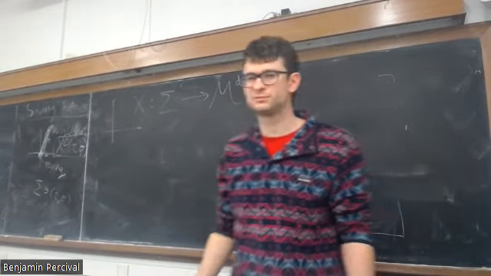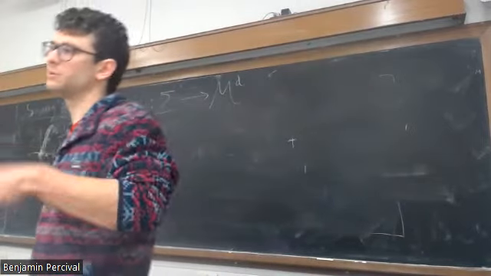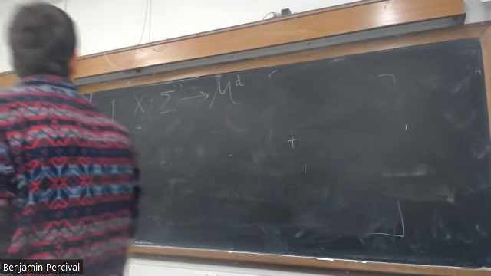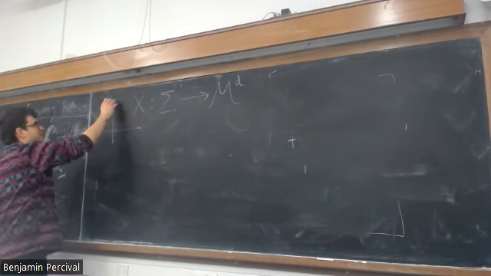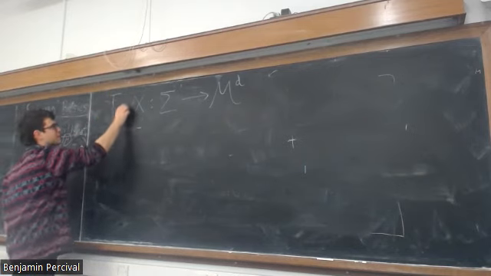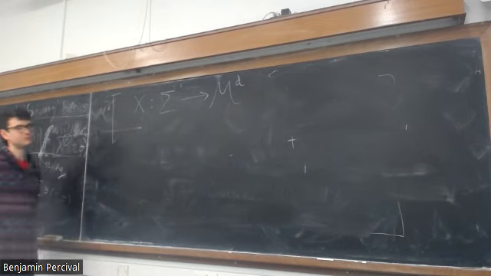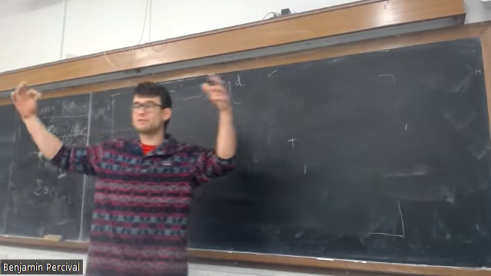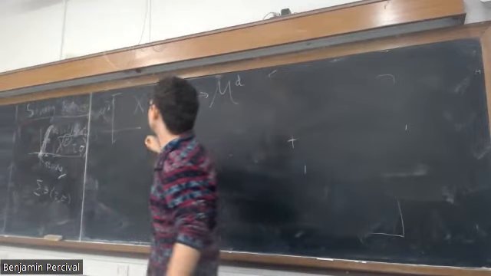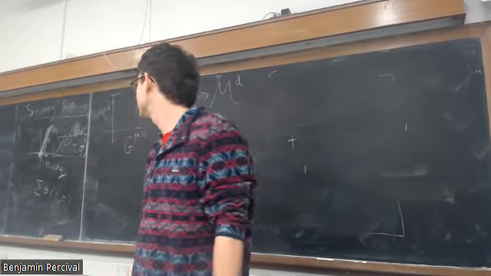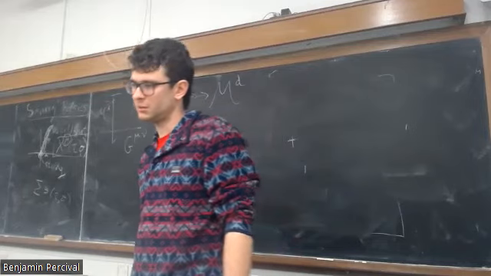So mu runs from 1 to d or 0 to d minus 1. Okay, and the key part: if this is space-time, some d-dimensional manifold, some space, it will have in particular some metric. Okay, and we'll come back to that.